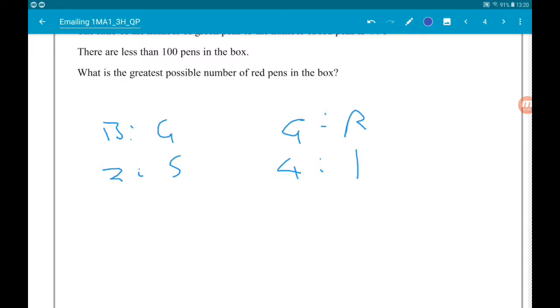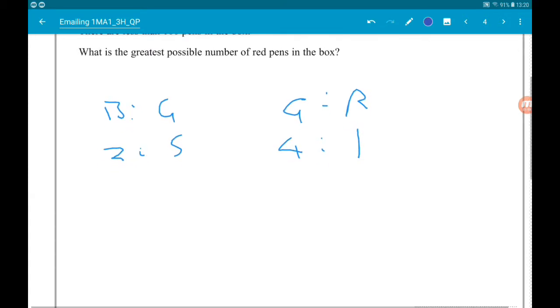So here the common part is green pens. Now on the left we have 5, on the right we have 4. So the lowest number that 5 and 4 both go into is 20. So we're going to change each ratio so that the green part is 20.